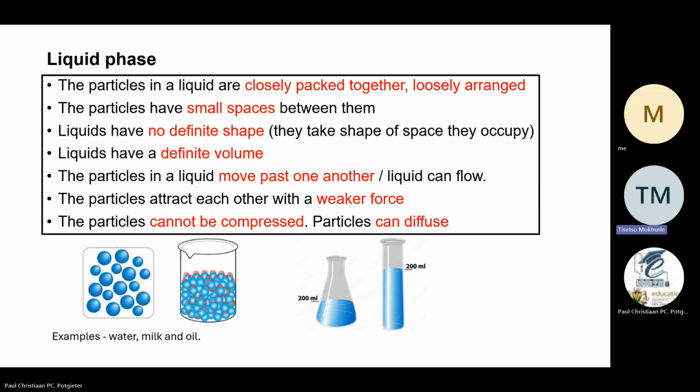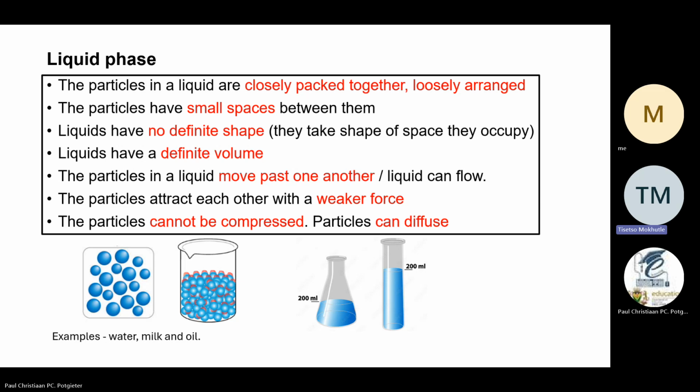Now, if you take a liquid and you put it into a volumetric flask, like you see, it's 200 milliliters, and you transfer the 200 milliliters into a test tube, you see what happens here? The volume of the liquid doesn't change. It will remain 200 milliliters and also 200 milliliters on the other side. The only thing is that the shape that you saw of the liquid in the volumetric flask has changed.